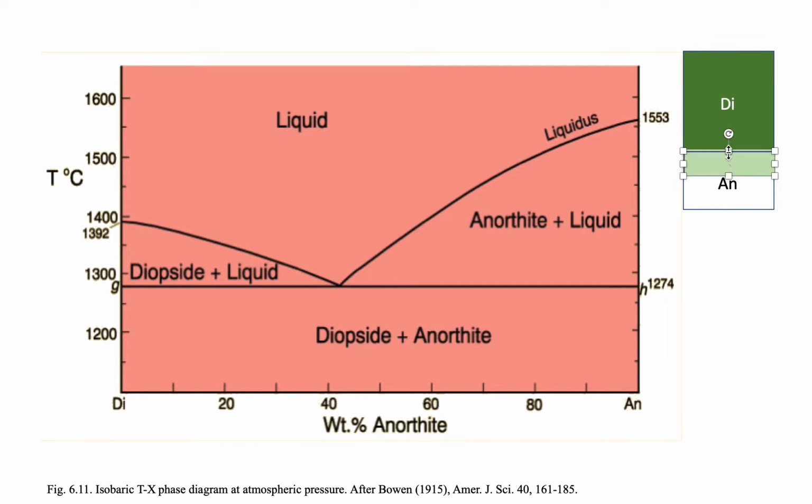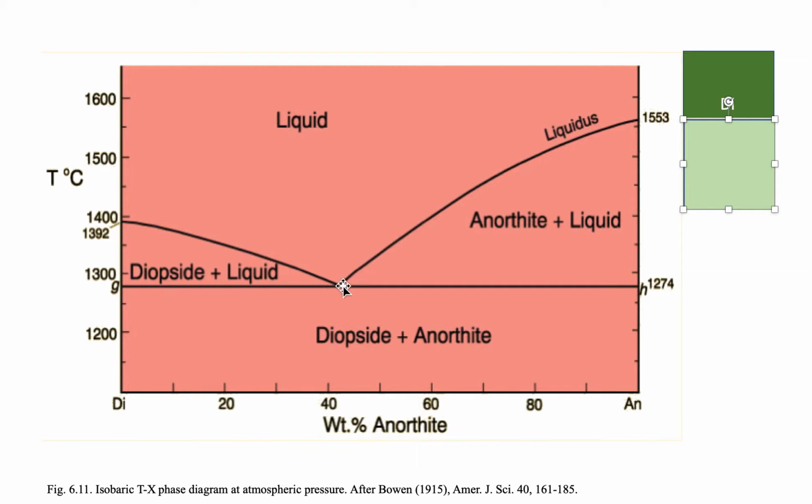It'll grow into the diopside field and the anorthite field both, but it'll eat away at anorthite at a faster rate than it'll eat away at the diopside. And eventually, we'll have some certain amount of melt. And so here's our liquid field in the light green here, and then we'll just be left with diopside by itself. And once we do that, then any further melting will just eat further away into the diopside crystal.